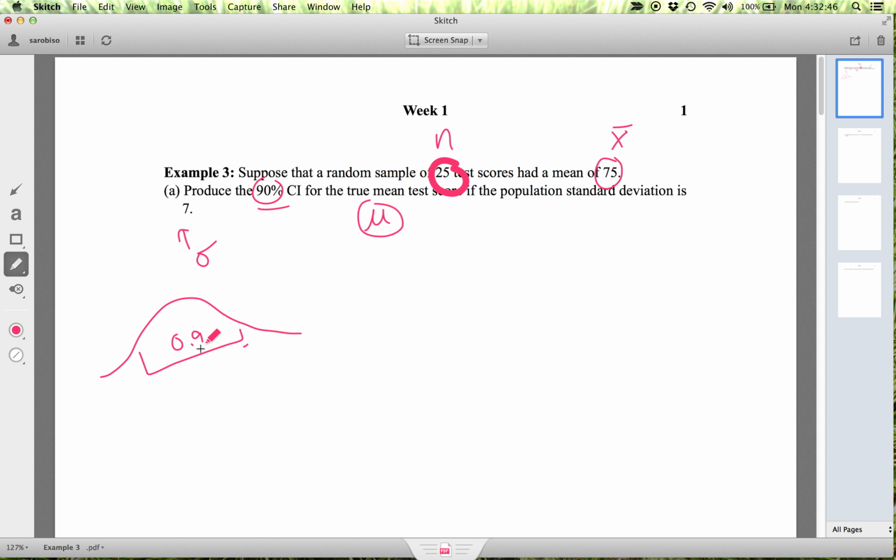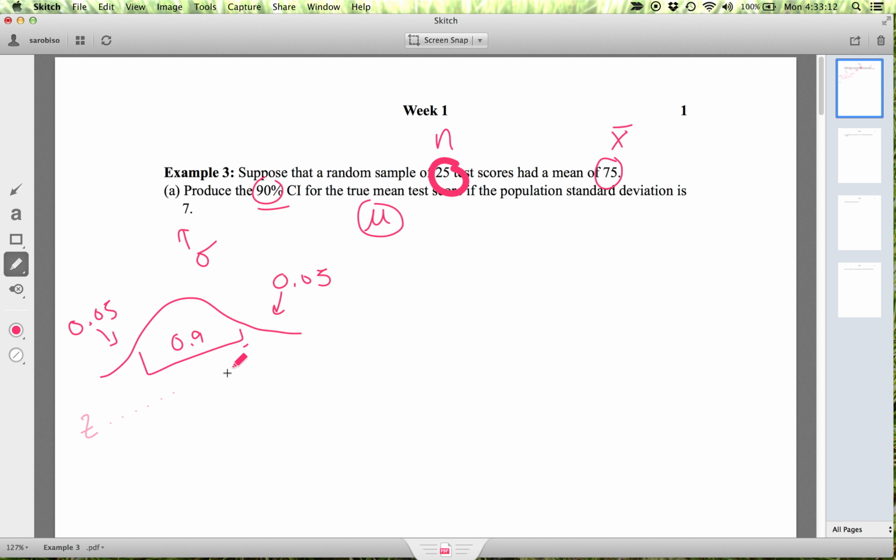If I've got 90% in the middle, that means I'm left with 10% to share in these two endpoints. Okay, I will share these two endpoints equally. The 10% left over, I will put 5% of it into this upper tail and 5% of it into this lower tail.